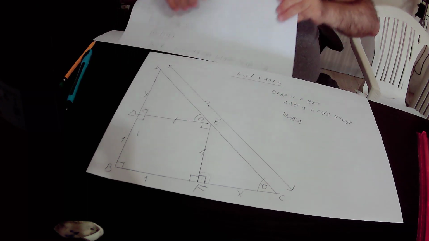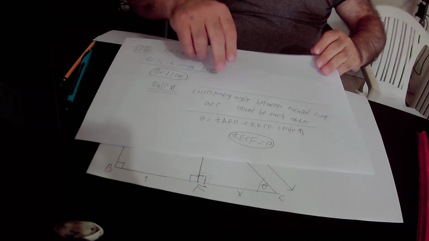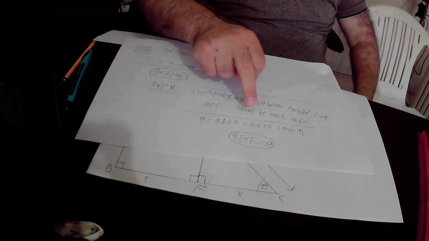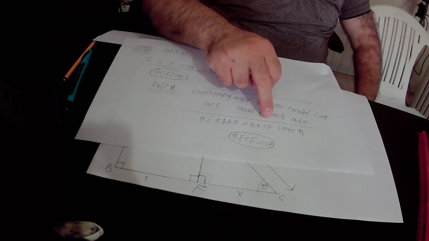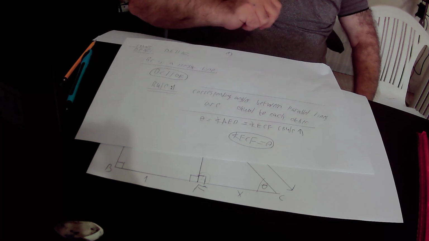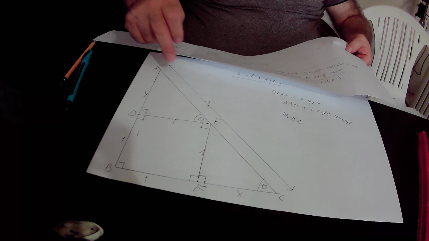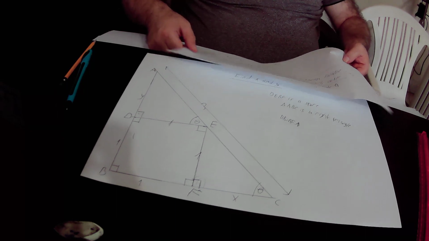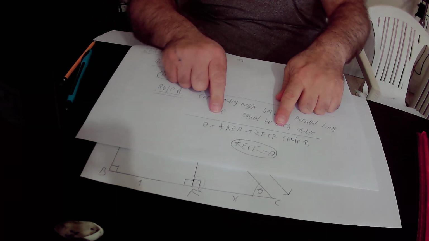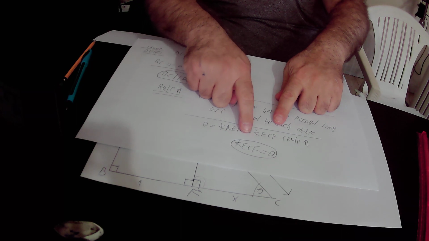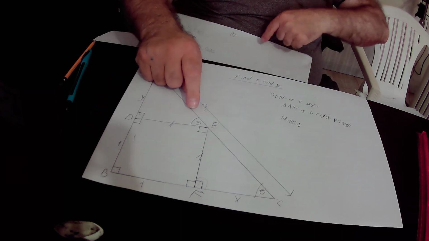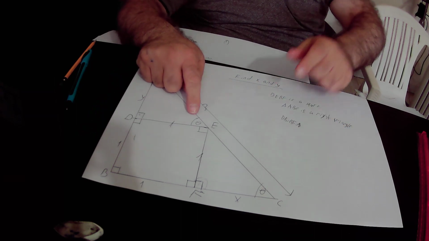That is to say, angle AED equals angle ECF. If we define angle AED as theta, then angle ECF also equals theta. So those two angles are both equal to theta.